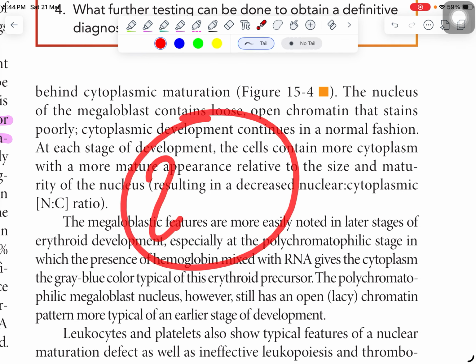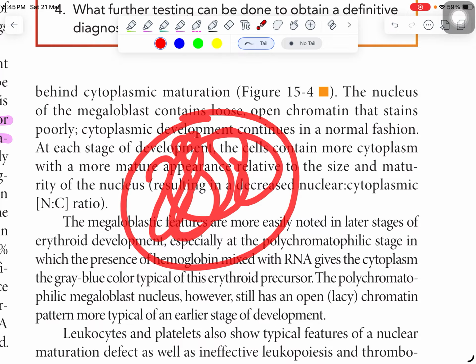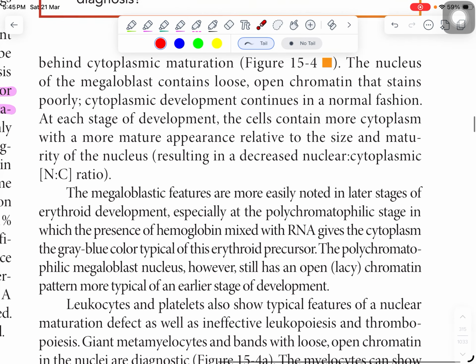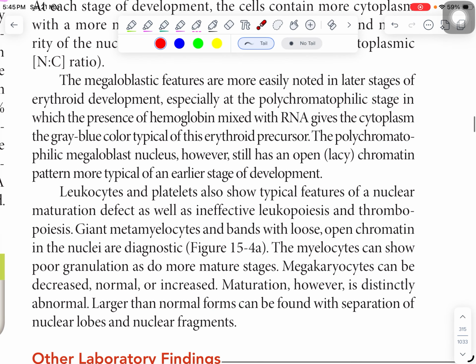At each stage of development, the cells contain more cytoplasm with a more mature appearance relative to the size and maturity of the nucleus. The megaloblastic features are more easily noted in the later stages of erythroid development.